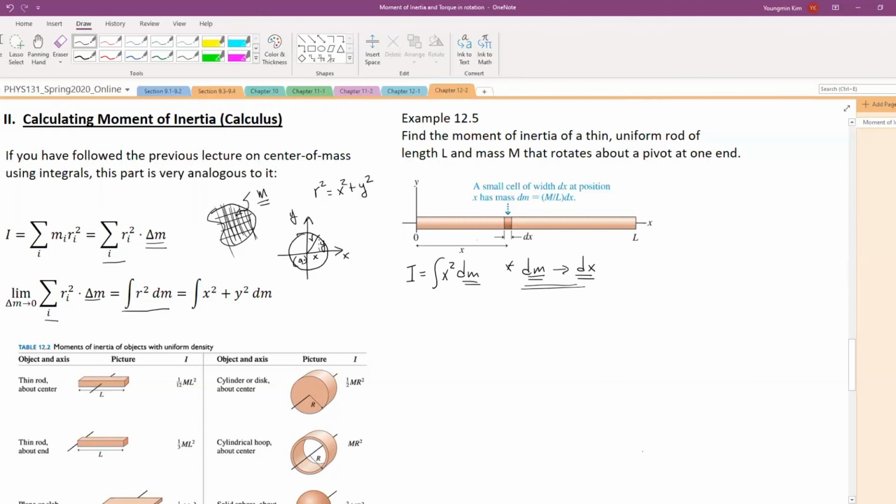So remember from the previous example, this rod is a uniform rod. So I need to find some relationship for how dx and dm are related. I know that the more length I have, the more mass I will have. So when the dx becomes dl, the total length L will contain all of its mass m.